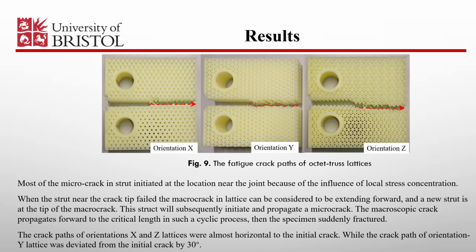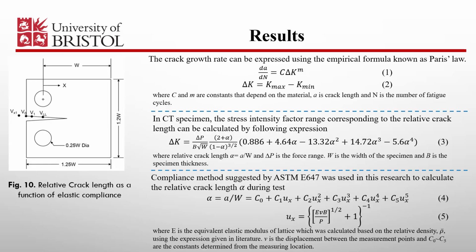The crack paths of orientations X and Z lattices were almost horizontal to the initial crack, while the crack path of orientation Y lattice was deviated from the initial crack by 30 degrees. The relationship between stress intensity factor range and crack growth rate can be expressed using Paris' law.